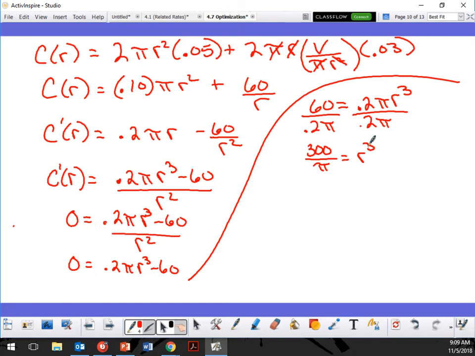So r is equal to something nasty. Cube root of 300 over pi. 9.772.